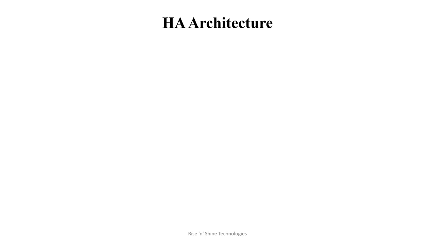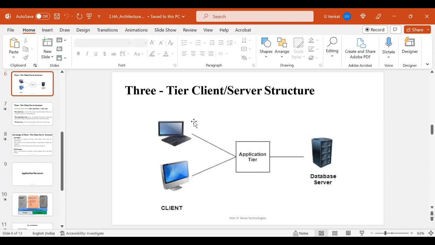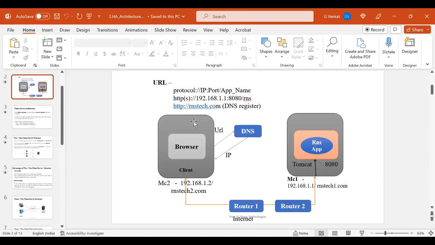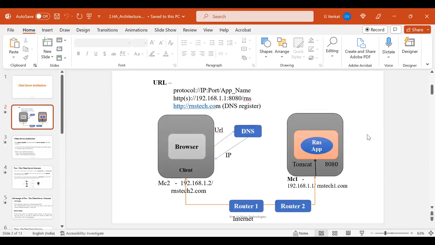Next, another important point. Okay, in this architecture, what we are understanding is one machine, and in this machine, one server, and in that server, the application is hosted. But can we call this a single host with a single service?